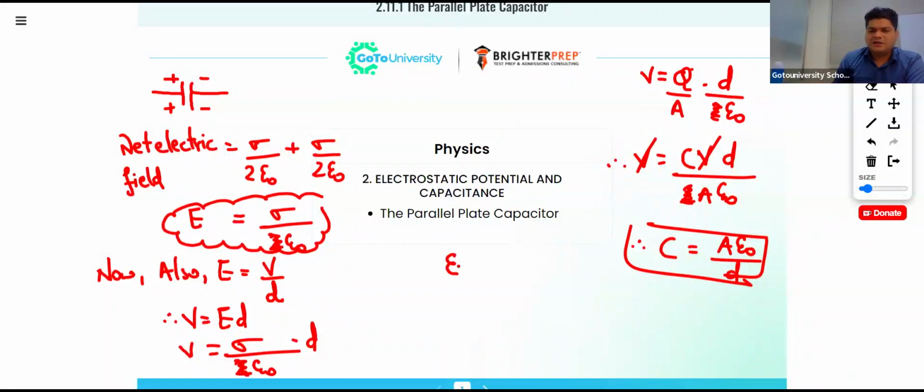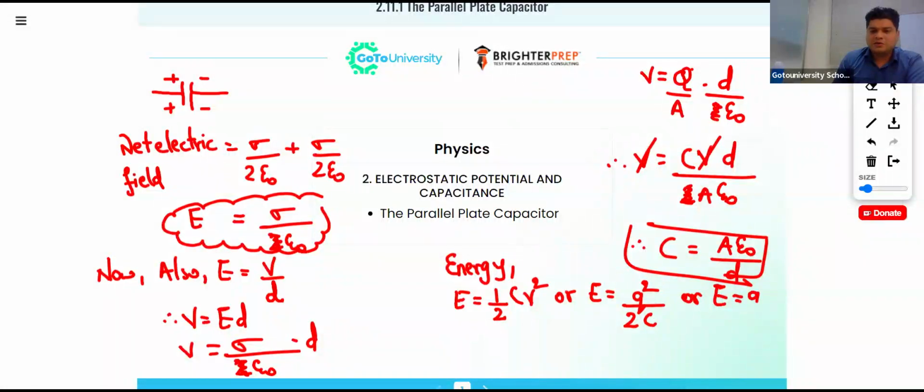The energy will be E is equal to half CV square, or energy will be equal to Q square over 2C, or energy will be equal to QV over 2.